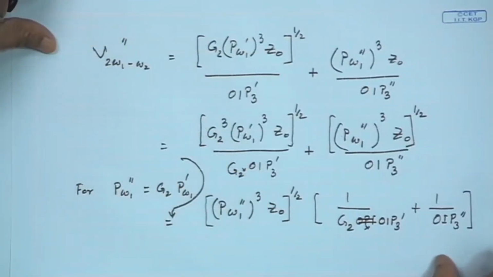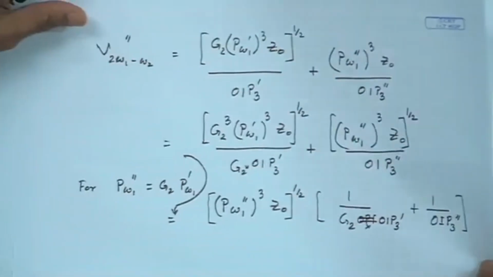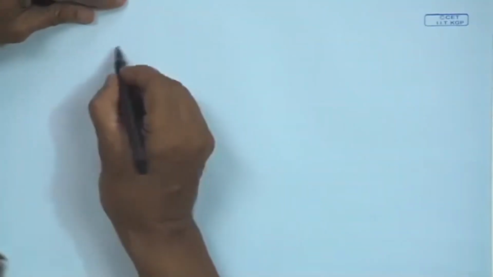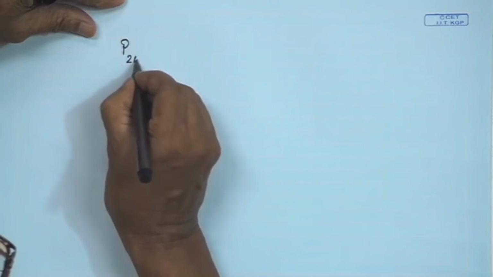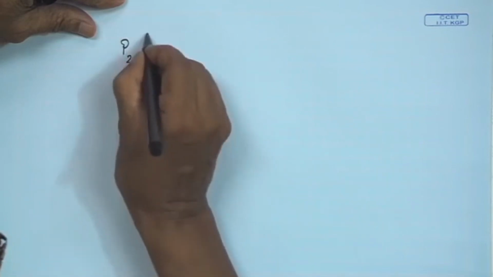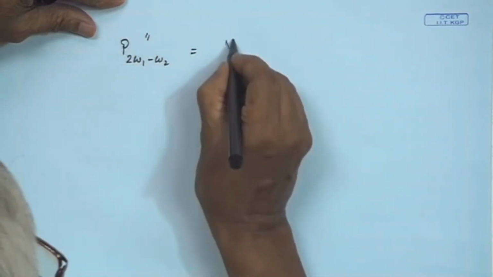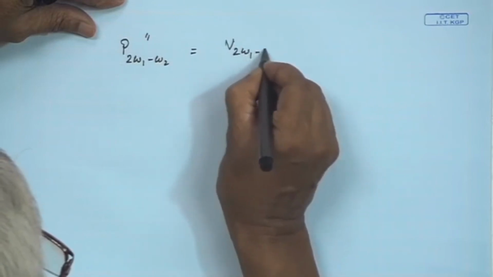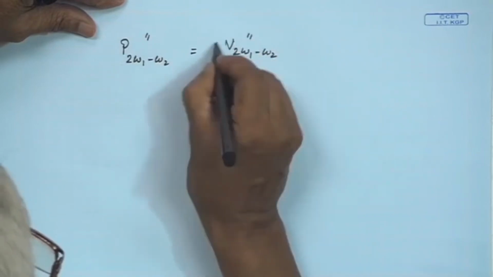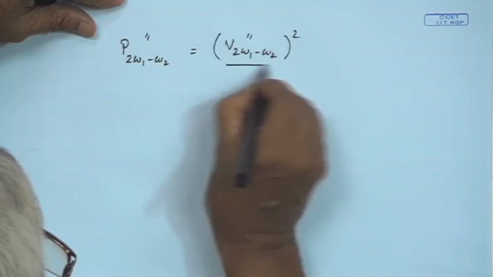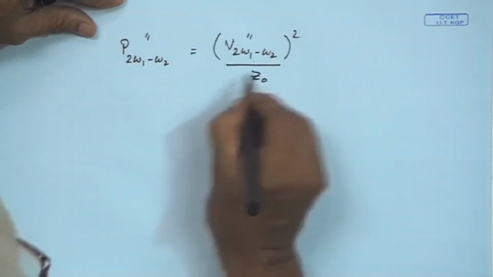Now, if I try to convert into power, P 2 omega 1 minus omega 2 double prime is the voltage V 2 omega 1 minus omega 2 double prime squared by Z naught.